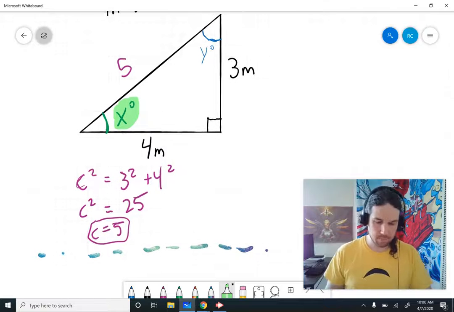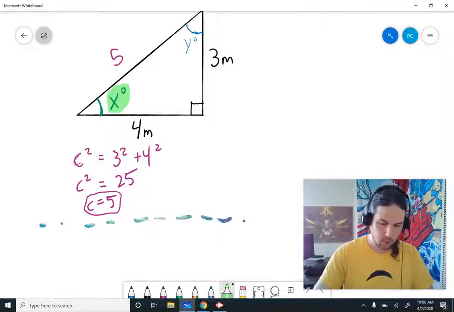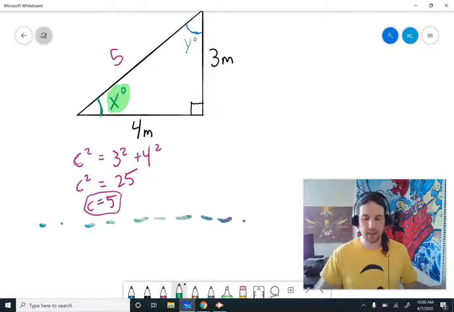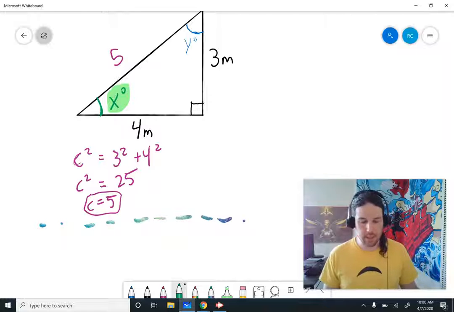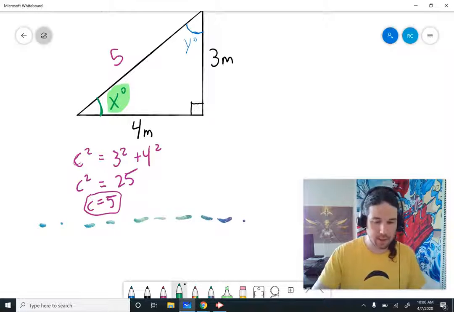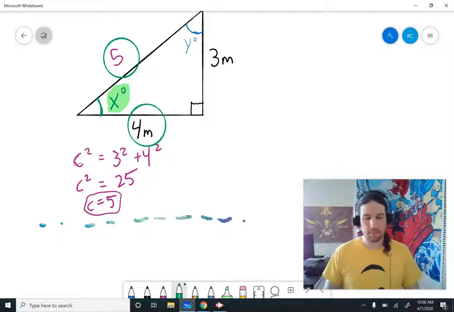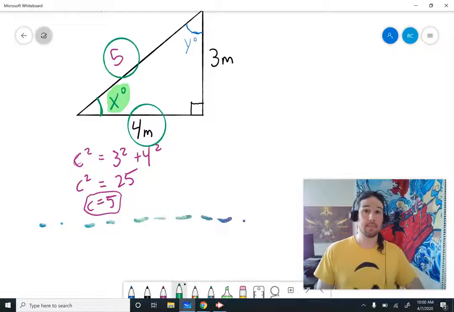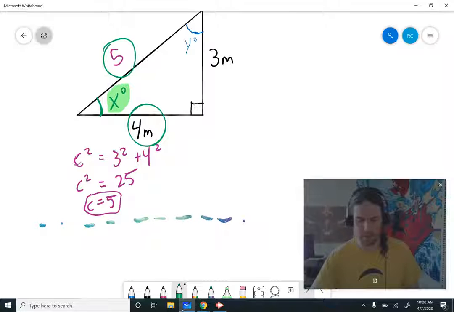If we're looking for x degrees, we have all three sides. It legitimately does not matter which sides we use. So I'm going to use the adjacent and hypotenuse, and we'll do cosine, because I don't think we've done cosine yet this video.